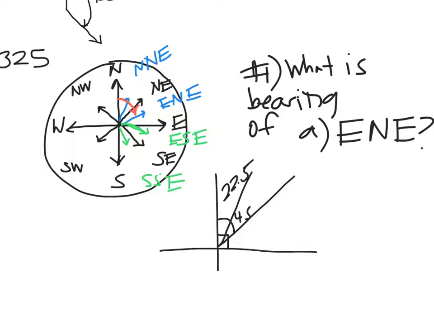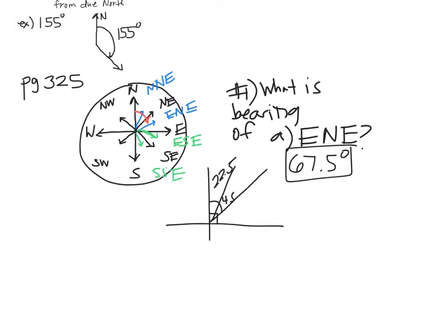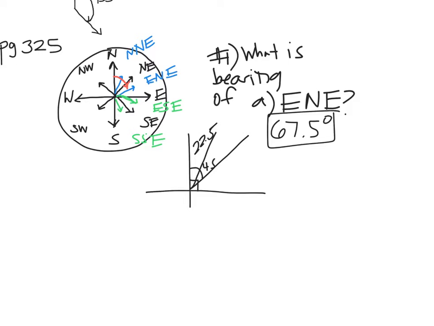So you can look at it a couple of ways. You can add up all the little 22.5s all the way around until you get there. Or you could go, okay, to northeast is 45, and then just east of that is another 22.5, so my angle would then be 67.5 degrees. Okay? So that 22.5, that's the key on all of these.